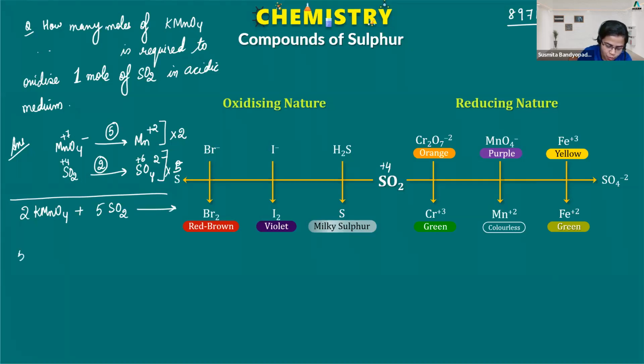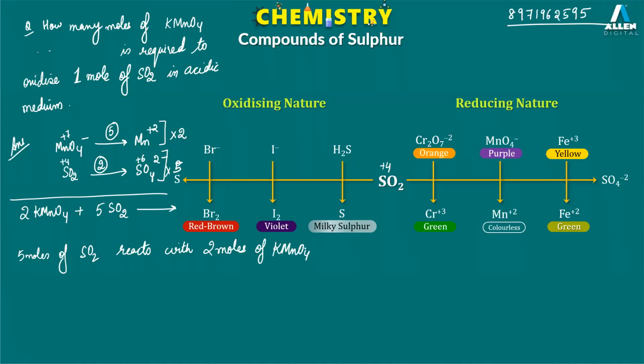So when 5 moles of SO2 reacts with 2 moles of KMnO4, 5 electrons are gained during the reduction of Mn +7 to +2. 2 electrons are lost when sulfur gets oxidized to +6 state. To equalize the number of electrons lost and gained, we should cross multiply. So 2 MnO4 minus reacts with 5 SO2. So 5 moles of SO2 reacts with 2 moles of KMnO4.